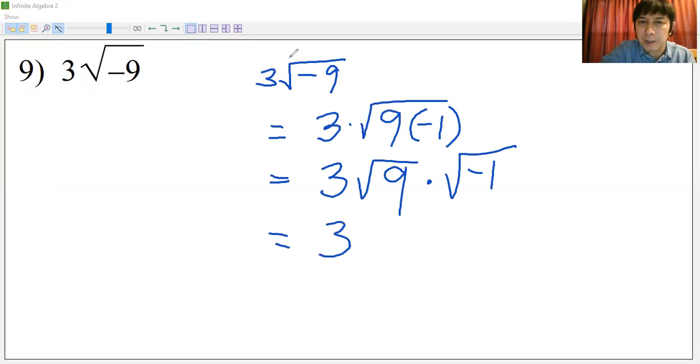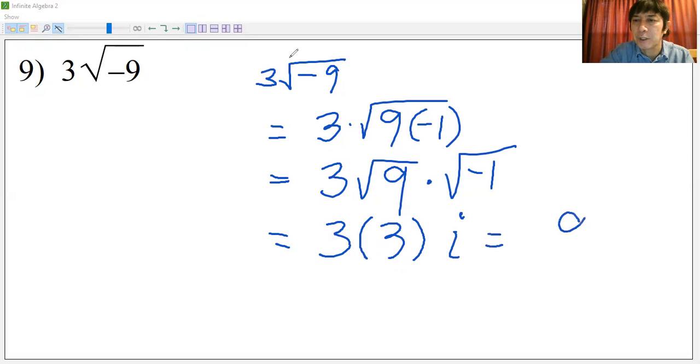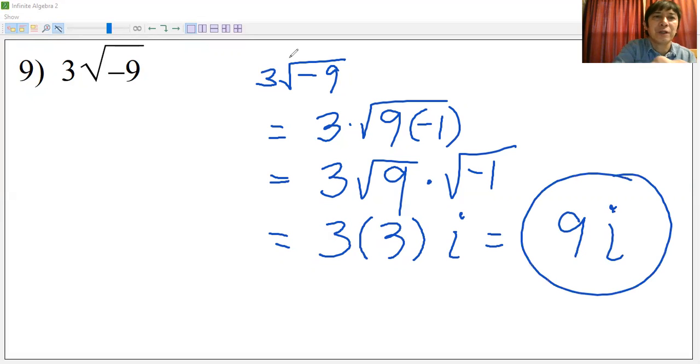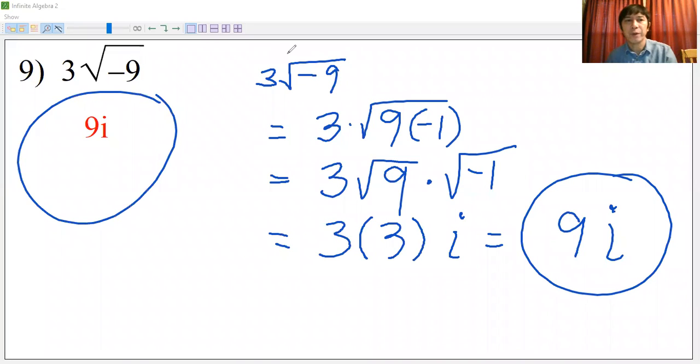And square root of 9 is 3. And this is also multiplied by the square root of negative 1, that's the imaginary i. So we have 3 times 3 times i, which gives us 9i. And so the answer here must be 9i. Over here, you can see the red writing. So that's the answer, 9i. So that goes to our number 9.